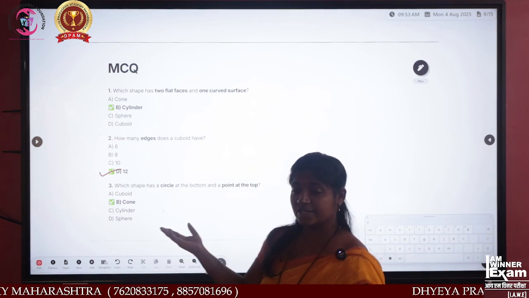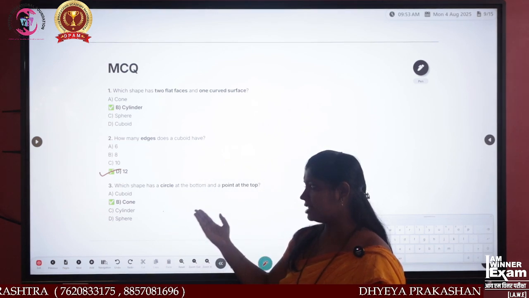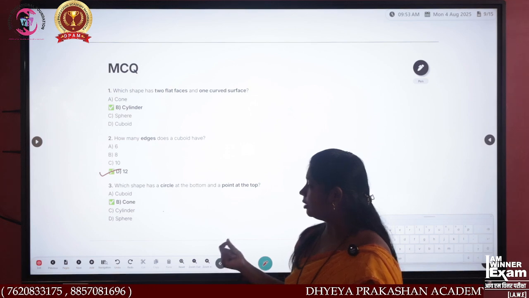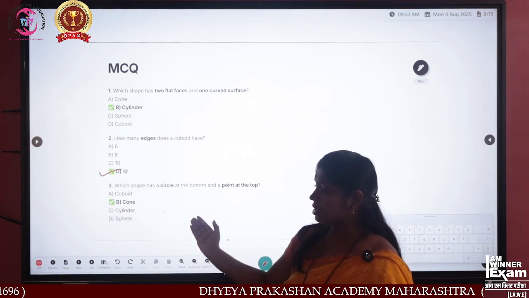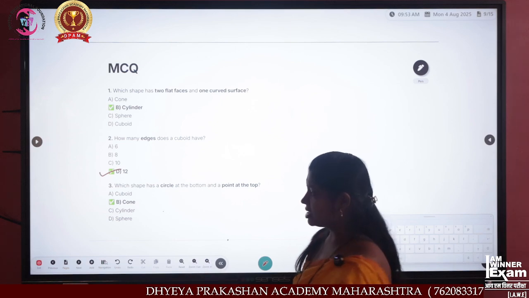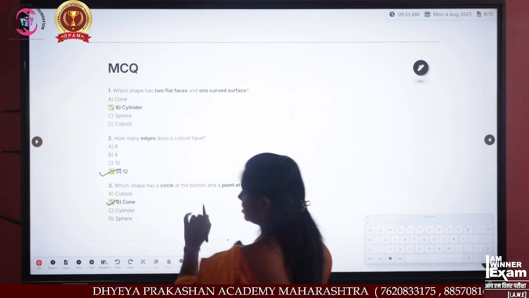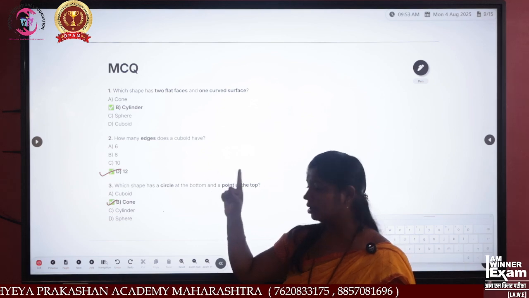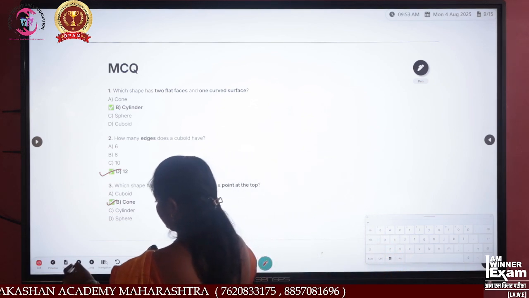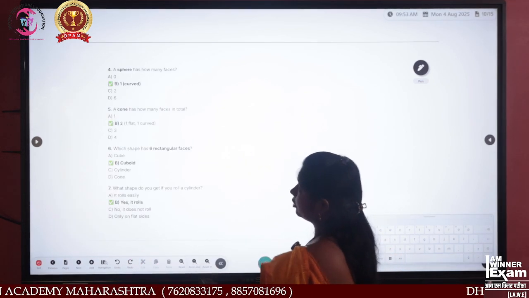Next question. Which shape has a circle at the bottom and a point at the top? Cuboid, cone, cylinder or sphere? Yes, cone. A cone has a circle at the bottom and a point on the top. Now the fourth question.